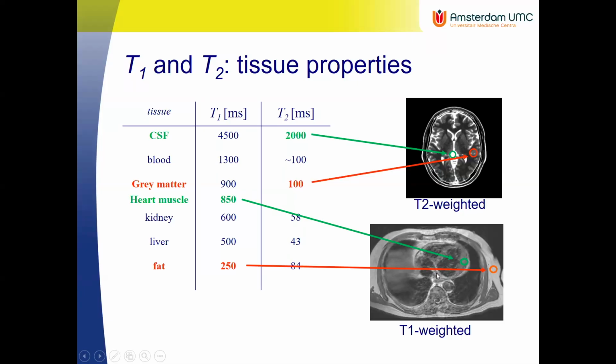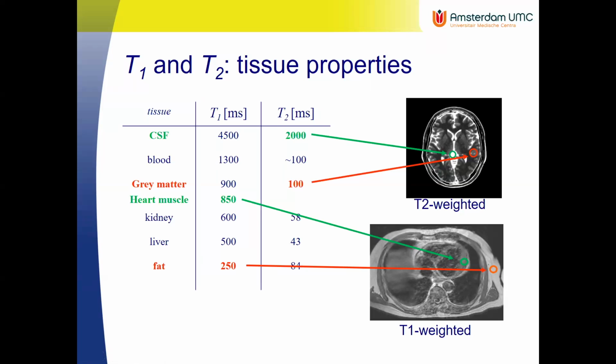And now we're going to look at the T1 times because it's T1 weighted. Apparently if you have a bit of a longer T1, it's kind of darkish gray, and fat, for example, has a very short T1, and apparently that is bright on T1 weighted images.